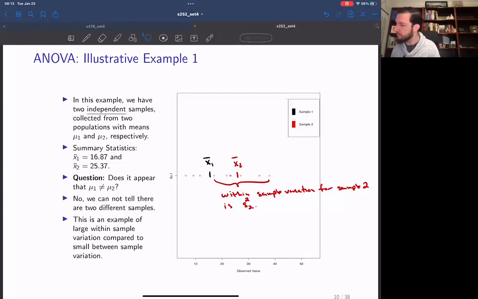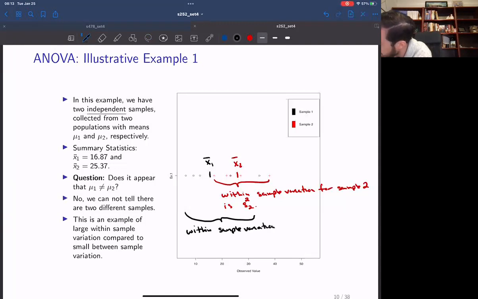Okay. All right. I'll just quickly note down the same thing for the other sample. So it's going to be a little bit trickier, but okay.